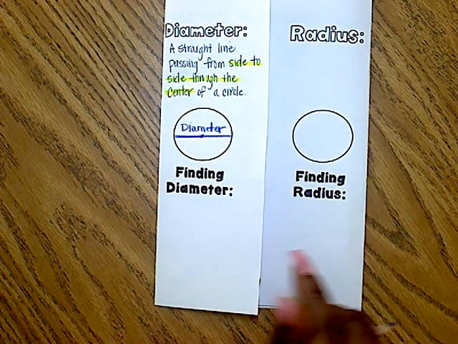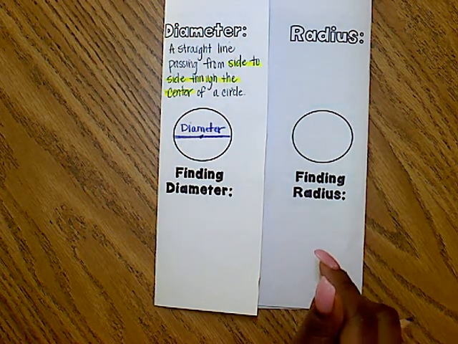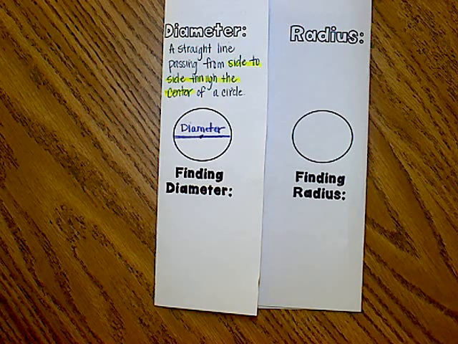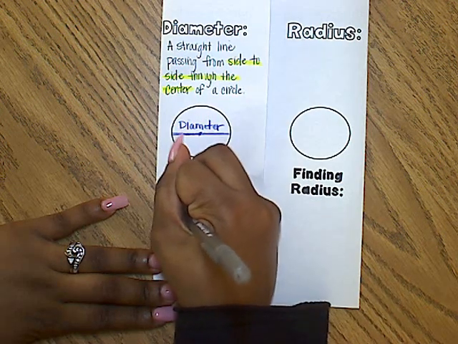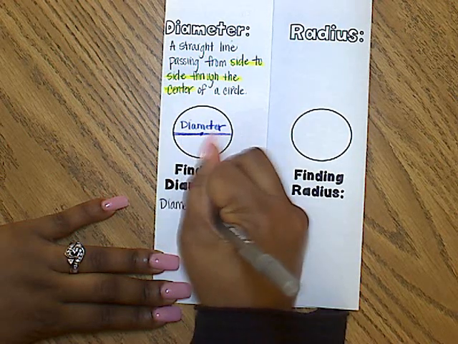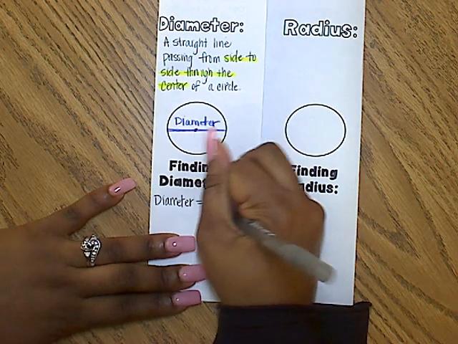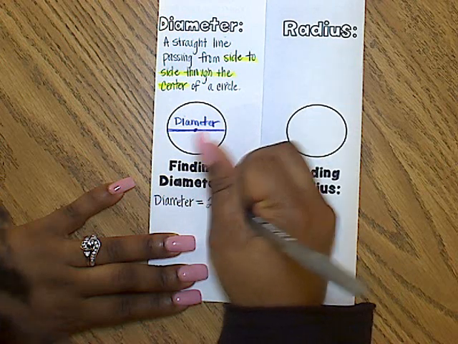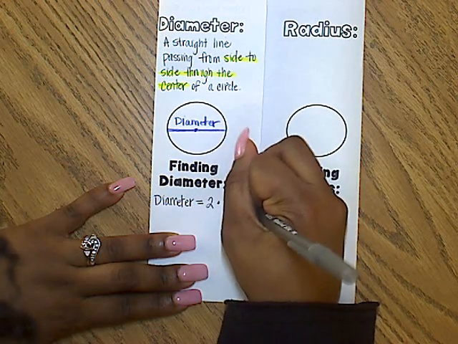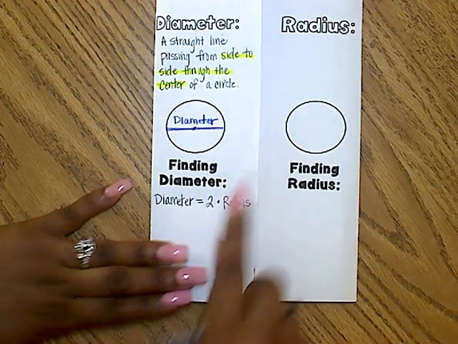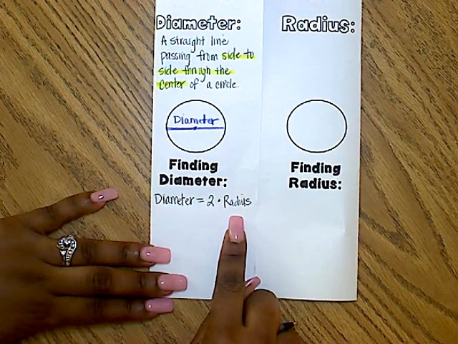So now, to find the diameter, you will need a formula. The formula for finding diameter is going to be diameter equals 2 times the radius. And we'll talk about radius in a second. So we're doing 2 times the radius to find the diameter.